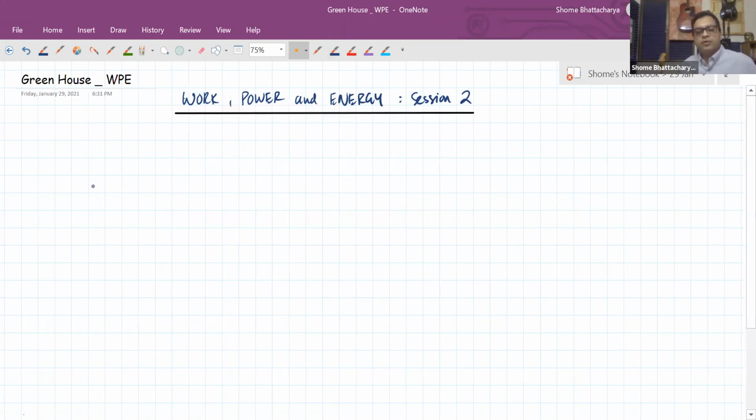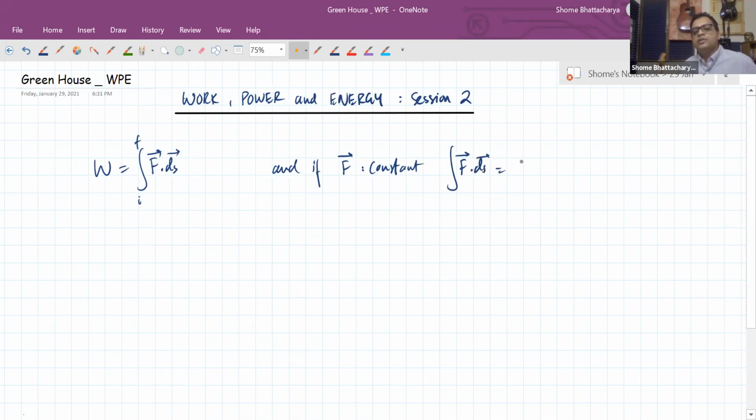So quick recap, what we had learned is work done by a force is defined as the path integration of F dot ds, force over displacement, from initial to final position. And if the force is constant, then this integration of F dot ds automatically reduces to F dot s.